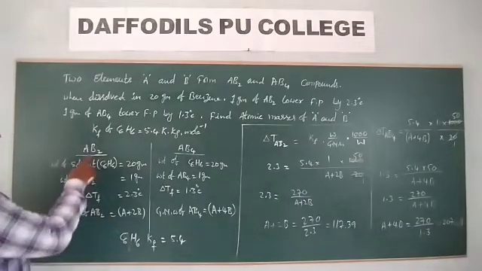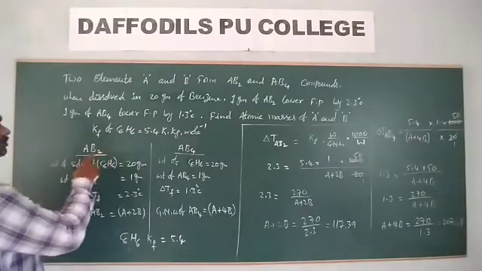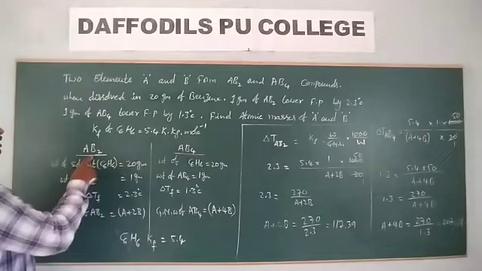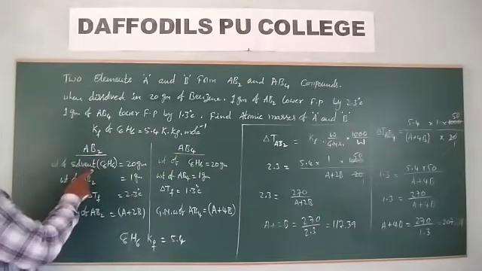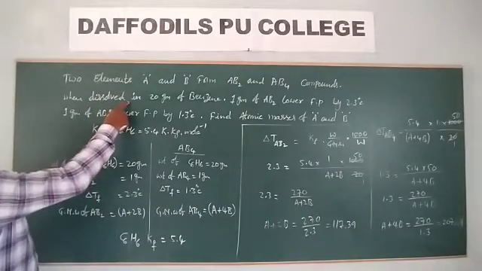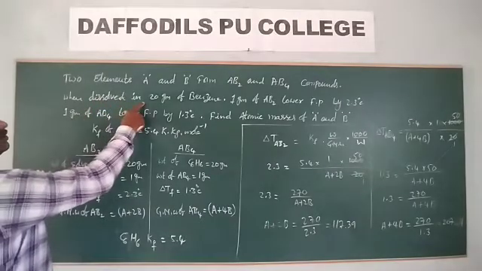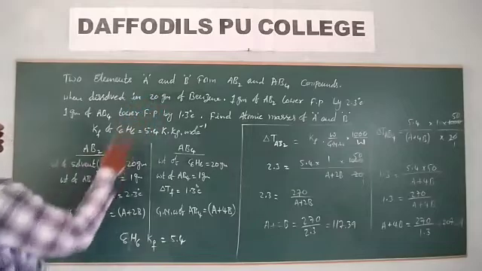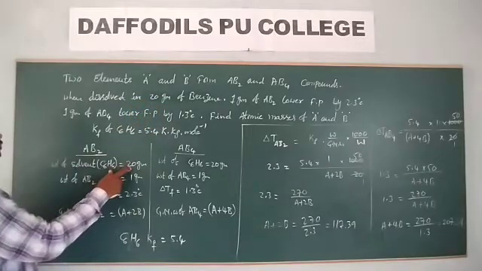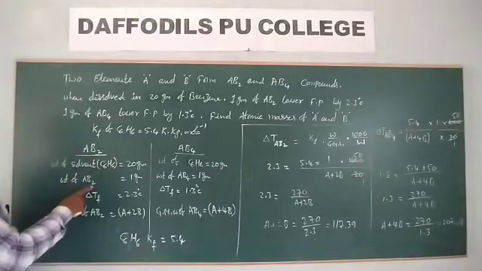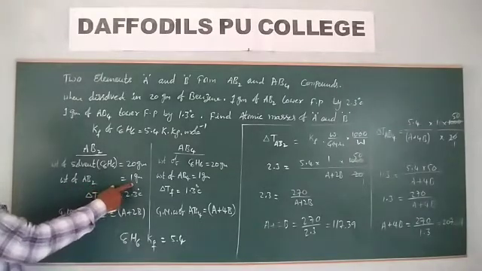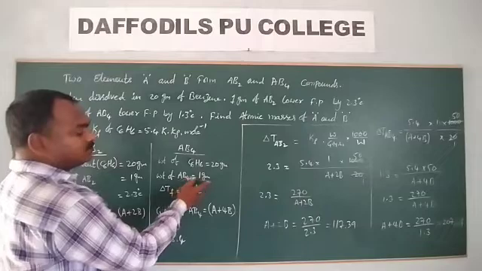Weight of the solvent: what is the solvent here? Benzene is the solvent. How much benzene is taken? 20 grams. What is the weight of AB2? 1 gram. Weight of AB4 also 1 gram.